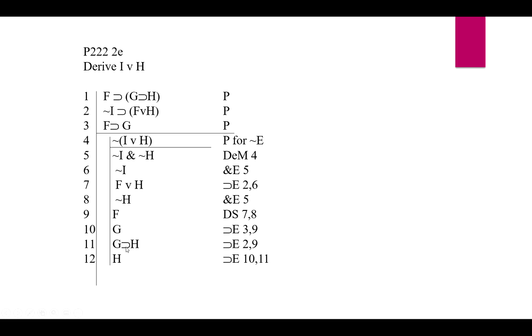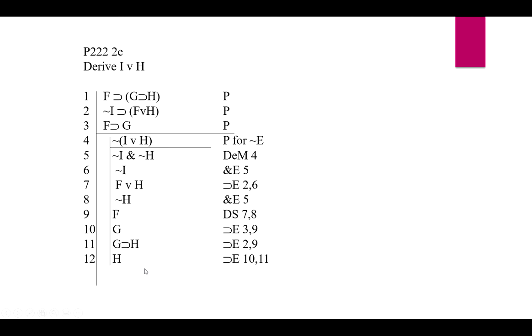And now if you look, we have the negation of H on line 8 all by itself. And then we have H without the negation on line 12. That's both inside the subderivation. So we've found our contradiction by just kind of following the different steps we could take using these premises.